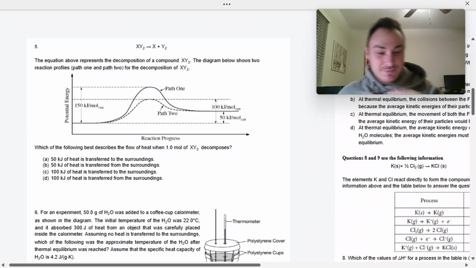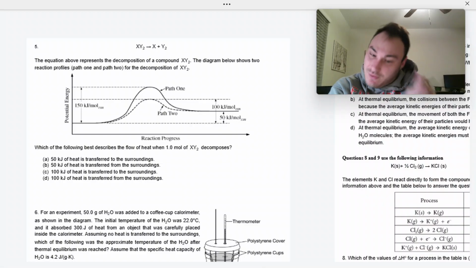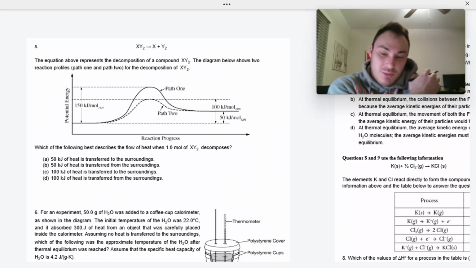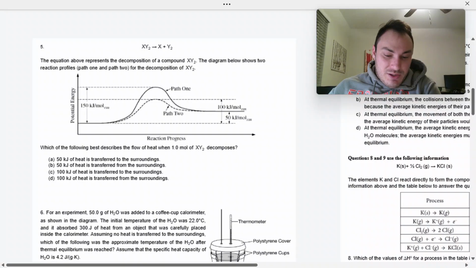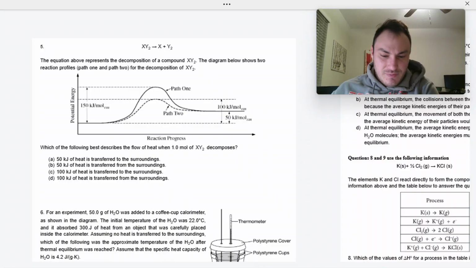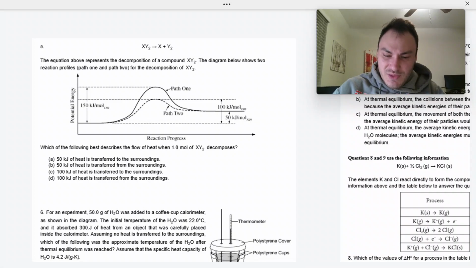Okay. The equation above represents the decomposition of XY2. The diagram below shows 2 reaction profiles. Which of the following best describes the flow of heat when 1 mole of XY2 decomposes? We're not really worried about what's happening here. We're worried about this one.